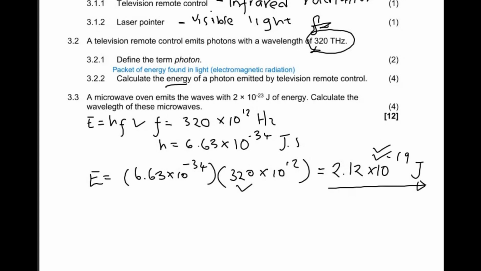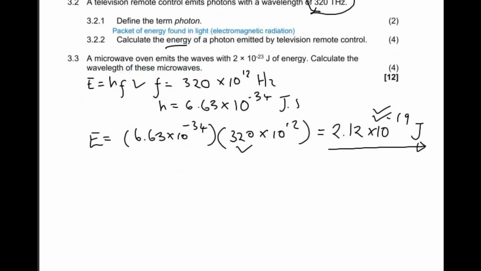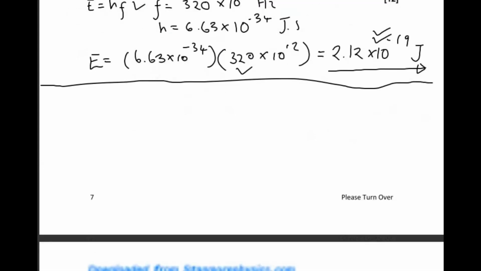And then we have question 3.3. A microwave emits waves with 2 multiplied by 10 raised to the power of minus 23 joule of energy. Calculate the wavelength of these microwaves. So I'm just going to draw a line below there.